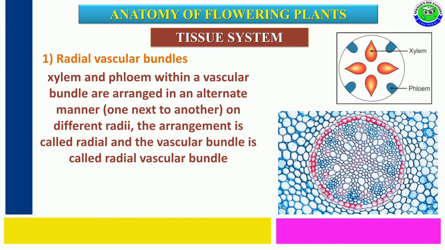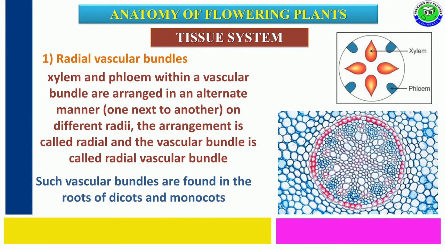In this arrangement, xylem and phloem within vascular bundles are arranged alternately on different radii. Such arrangement is called radial arrangement, and these vascular bundles are called radial vascular bundles. These types of vascular bundles are commonly seen in the transverse section of dicot and monocot roots.